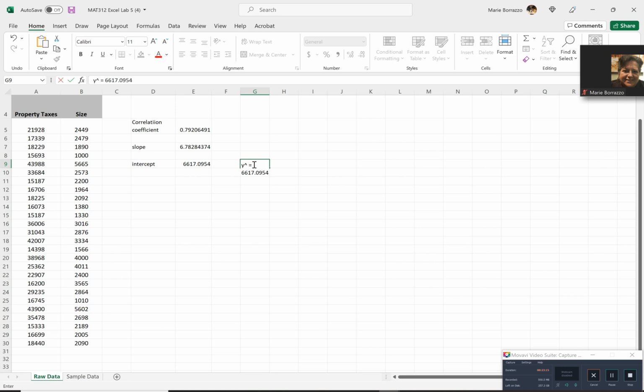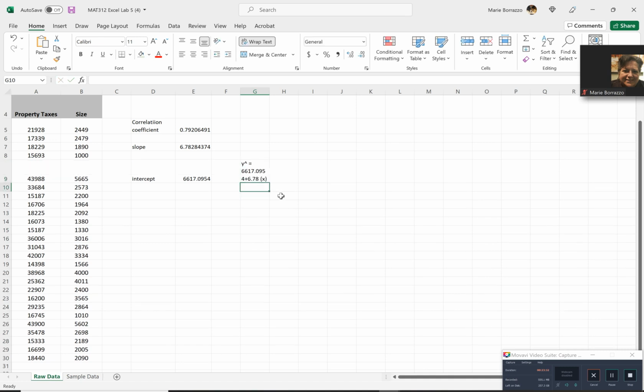That's our intercept. So that will be plus 6.782843. You get the idea, and then x. And that's your linear equation.